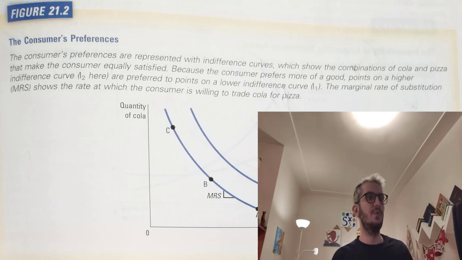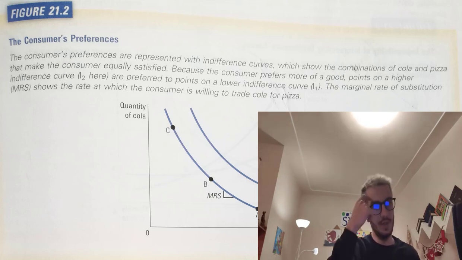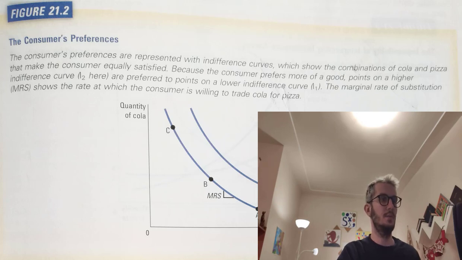Because the consumer prefers more of a good, points on a higher indifference curve are preferred to points on a lower indifference curve. The marginal rate of substitution, MRS, shows the rate at which the consumer is willing to trade cola for pizza. So a higher indifference curve means you have a better budget, I guess.